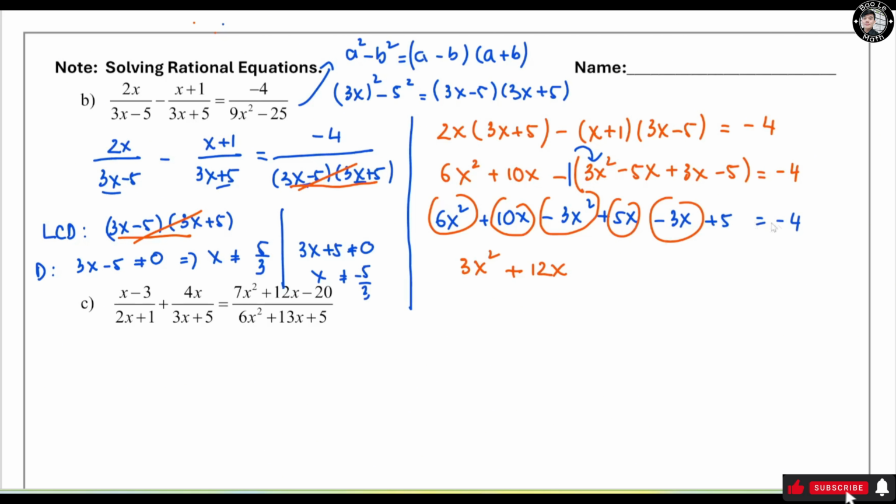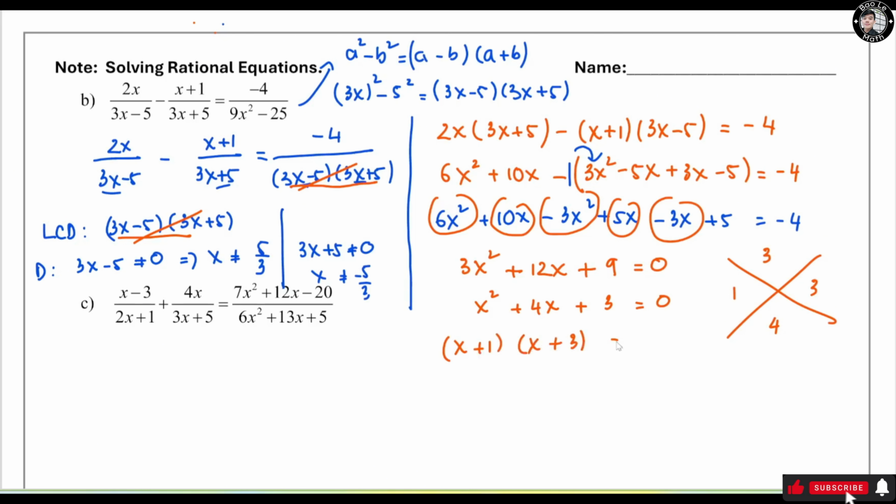And we add 4 to both sides, so it becomes 9 equals 0. Divide both sides by 3, so it becomes s squared plus 4s plus 3 equals 0. We're going to factor this one. Two numbers that multiply to 3 and add up to 4 are 1 and 3. So it becomes s plus 1 times s plus 3 equals 0.